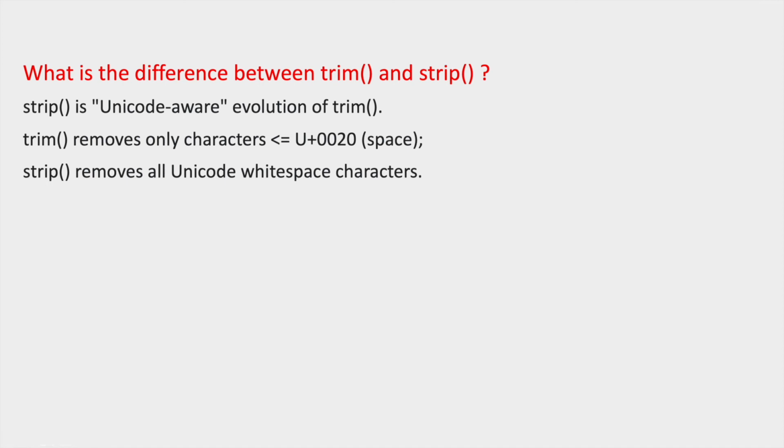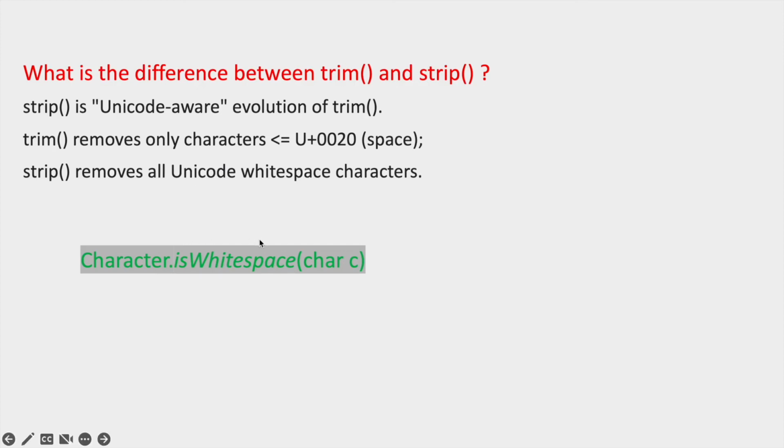Now the question is, how will we know whether a character is white space? By using the Character.isWhitespace method, we can identify whether a character is white space or not.